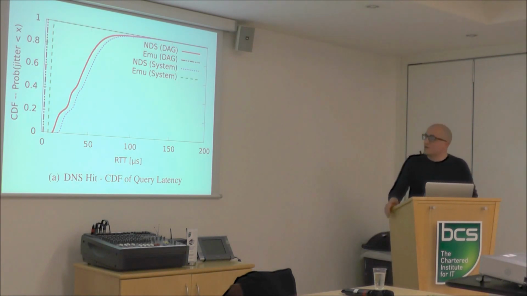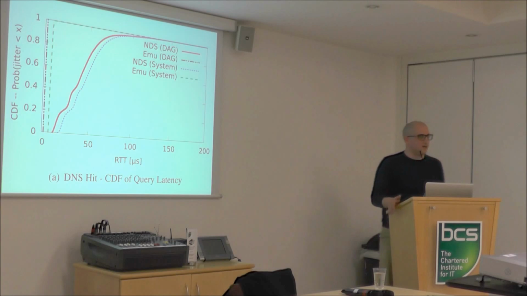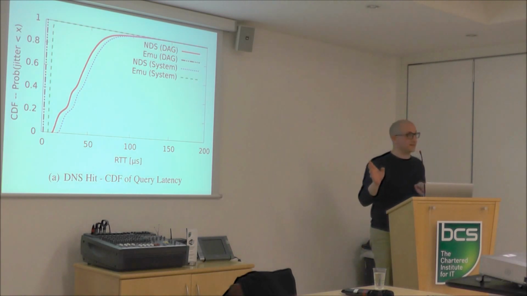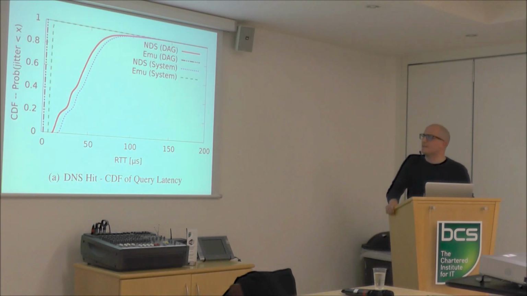So what we're saying here is that the system running in hardware is behaving much more predictably. And I should tell you that's partly because we're only using the on-chip memory. So we're not using DRAM as probably the Linux implementation is using. So we get much more predictable performance.